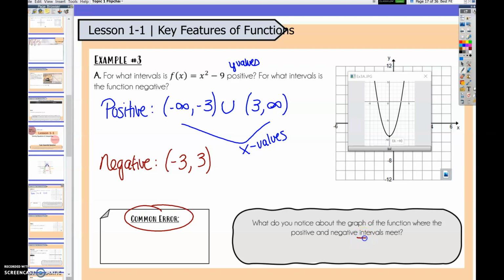And that does mention this part of the question where the intervals meet. We don't say that positive or negative 3 are either positive y values or negative y values. They are actually 0 there. So we do not use hard brackets at all when we're talking about the end or the beginning of the intervals. Let's take a look at another one.